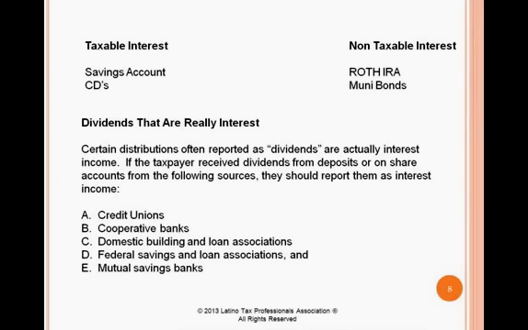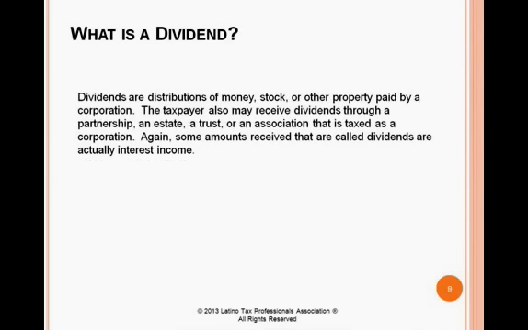Now, as far as what the client provides to you, it will still be reported. Even though technically it would be considered dividends, it is still reported to them and given to you under a 1099 INT, so you don't have to worry about keeping straight that is interest.